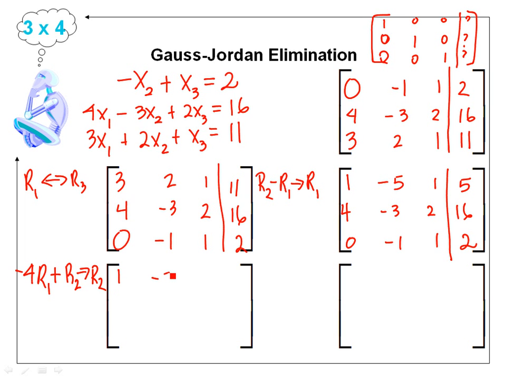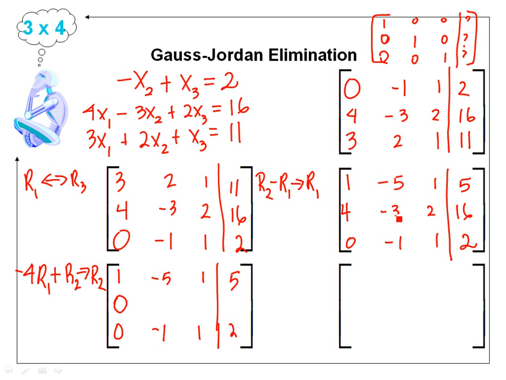So 1, -5, 1, 5. That row doesn't change, so I'm going to rewrite the rows that do not change for now. And then we're going to change row 2. So -4 times row 1, -4 added to 4 is 0. -4 times -5. What's -4 times -5? 20.